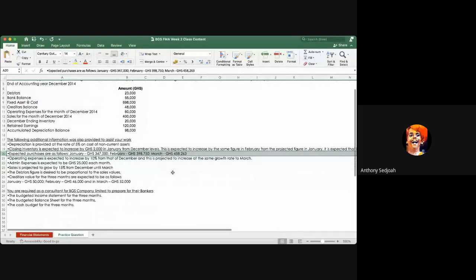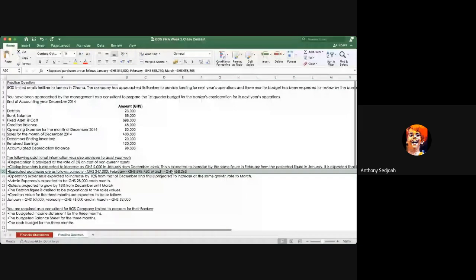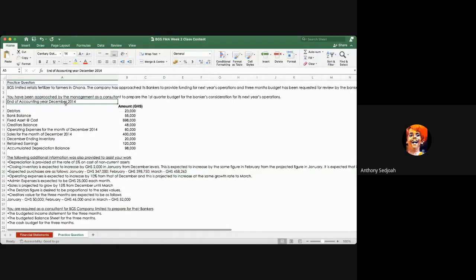Okay. So before we get into preparing our financial statements, from the question you can see that we are currently in December 2014. Or the current year in the question is December 2014. But the background is that the company BGS Limited wants funding from a bank.